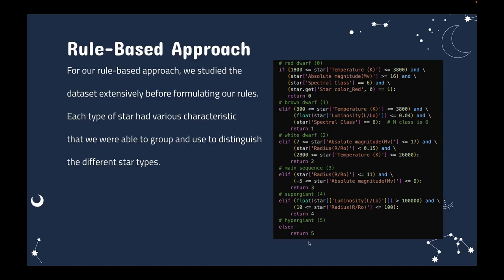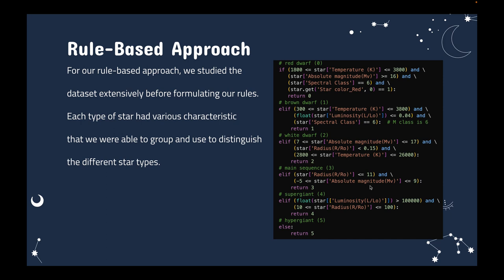We had to study the dataset very carefully before formulating our rules, because each type of star had different characteristics like luminosity or temperature or radius, and we used these to classify each star into a group and then distinguish the different star types.